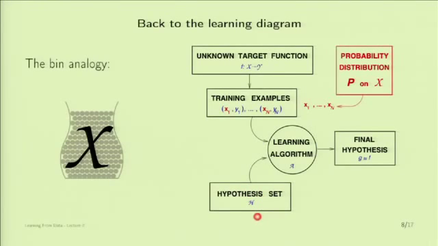When we talk about the Bayesian approach at the last lecture, in fact, there will be a question of putting a probability distribution here in order to make the whole situation probabilistic. But that is not the approach that is followed for the entire course until we discuss that specific approach at the end.